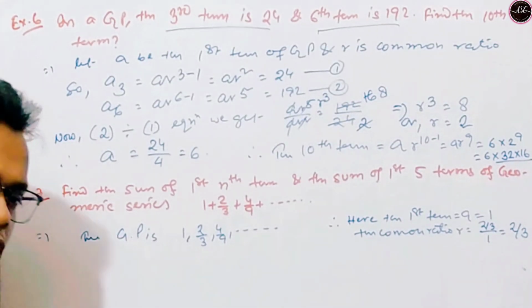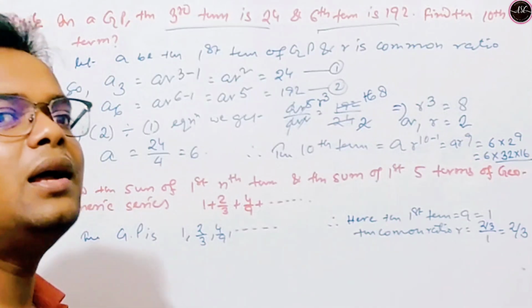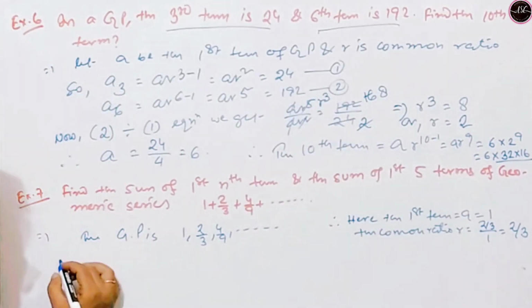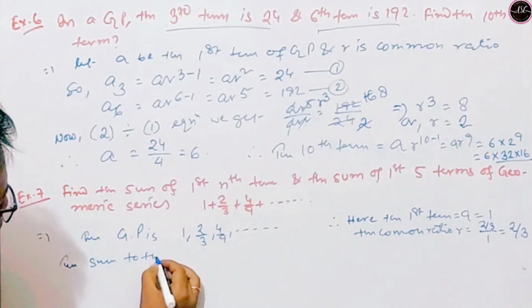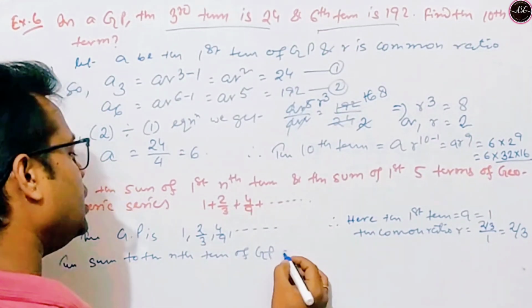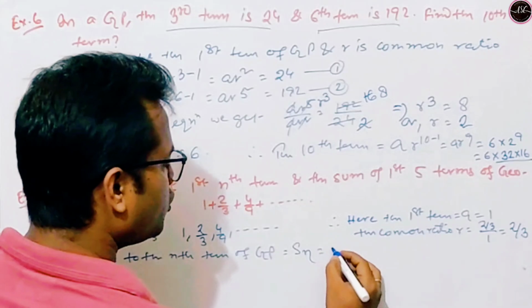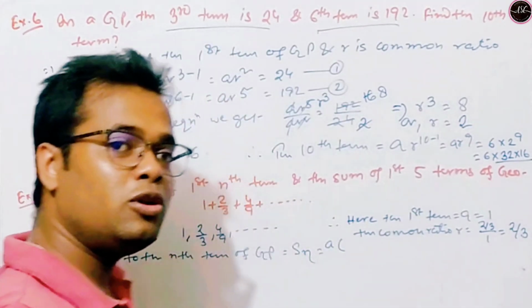We have already known the formula to find the sum to the nth term. So here we know the sum to the nth term of a GP is Sn equal to a into... Which formula will be applicable here?